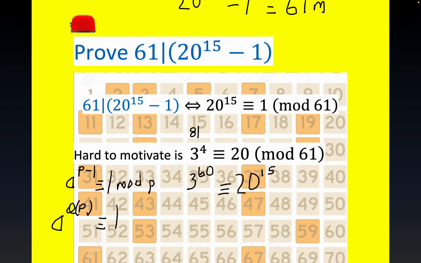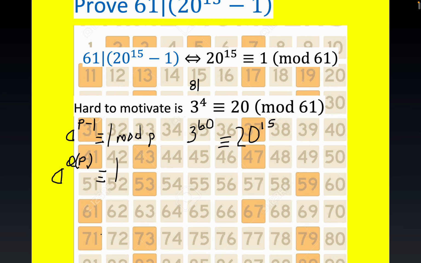And of course, p and a can't be multiples of each other; they must be relatively prime. But phi of p is the number of integers less than p that are relatively prime to p. Since p is a prime number, this would be the very same thing as what we have directly above it, a to the p minus 1. So either way you want to think of it, we still get what we need.